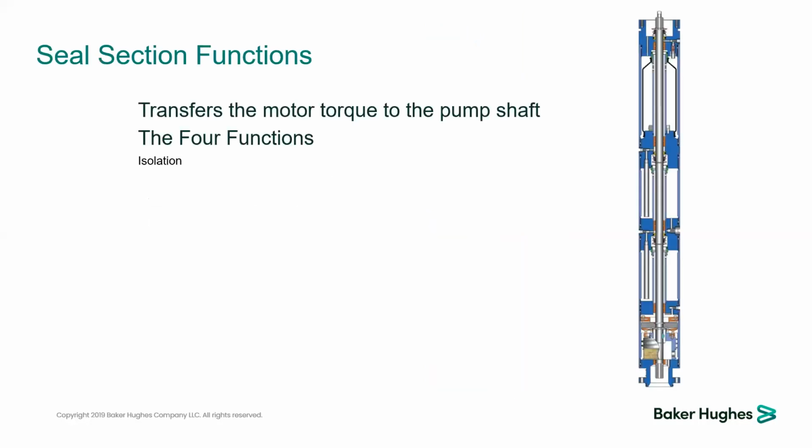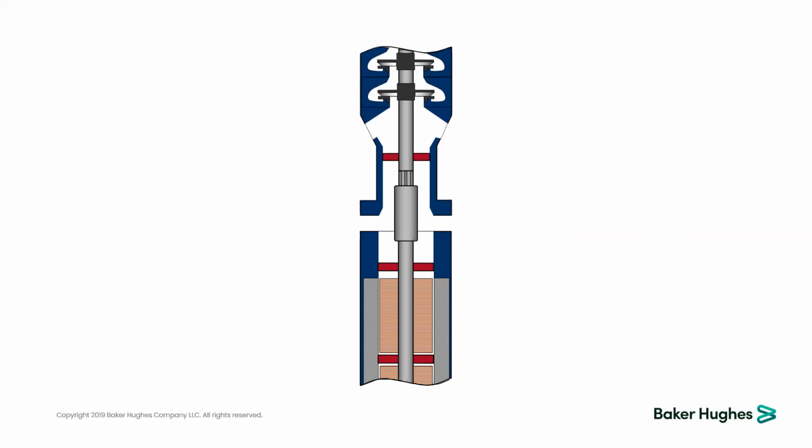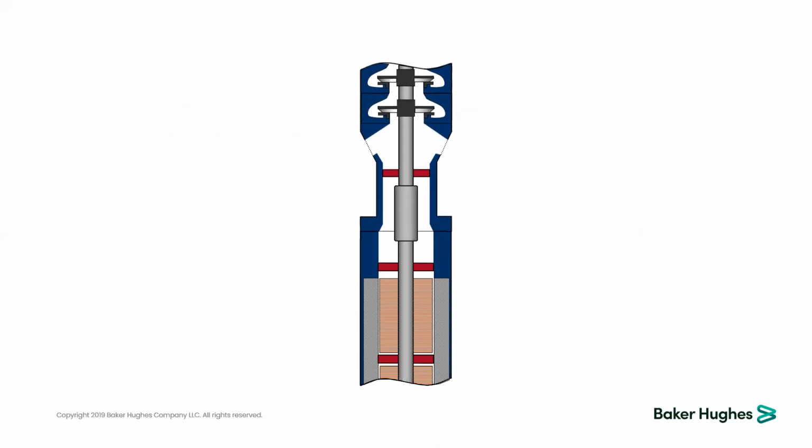Okay? So transferring the motor torque to the pump shaft, this is the first one. So we will not have the motor connected to the pump directly. As you can see here, if we connected the two shafts together, the two components that produce our fluid are the motor and pump, and the motor shaft turns the impeller.